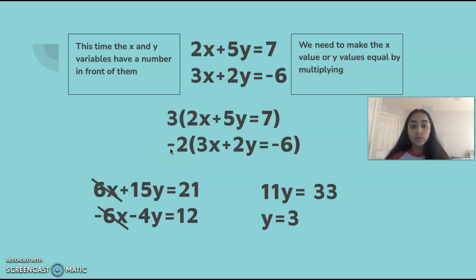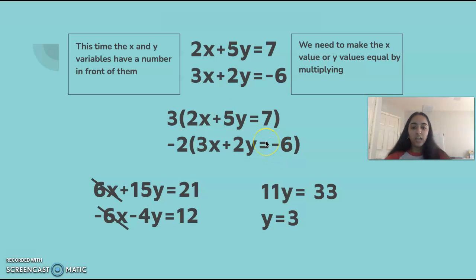But you need to also change the sign. Like in the first problem, the y values had different signs, so you have to make one of these 6x's a different sign. So I chose to do the bottom one. So you would do negative 2 times 3x, negative 2 times 2y, and negative 2 times negative 6.